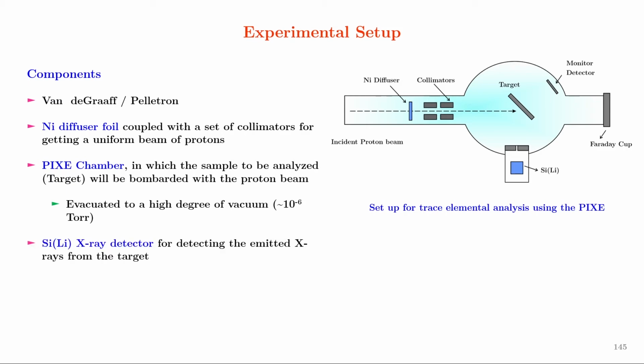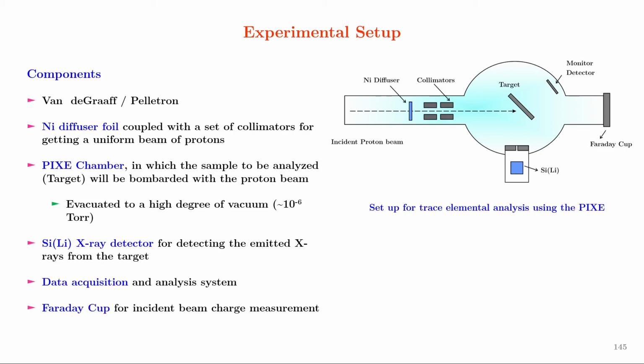And to detect the emitted X-rays from the target, we will be using a Si(Li) X-ray detector and a data acquisition and analysis system. A Faraday cup will be used for incident beam charge measurement.